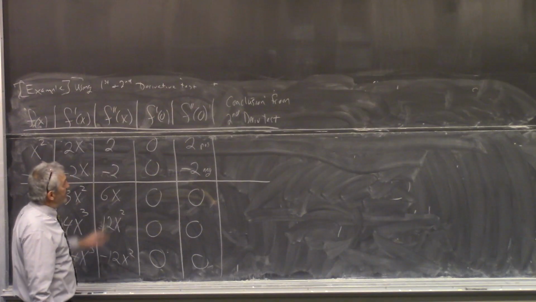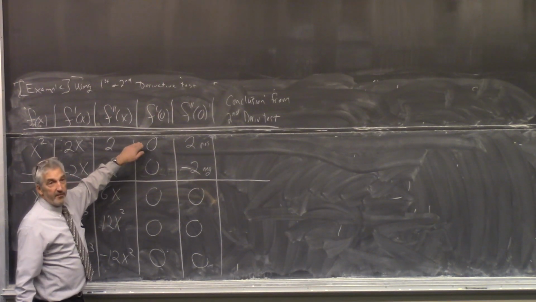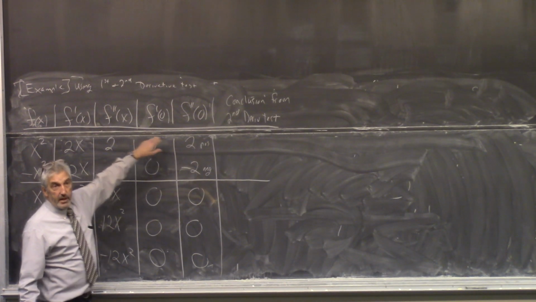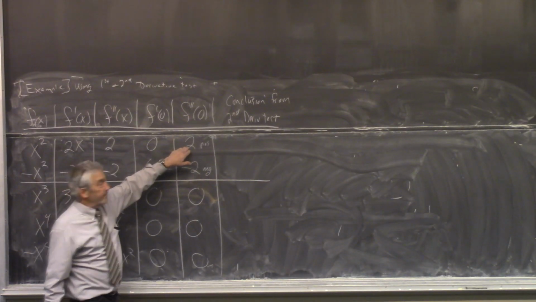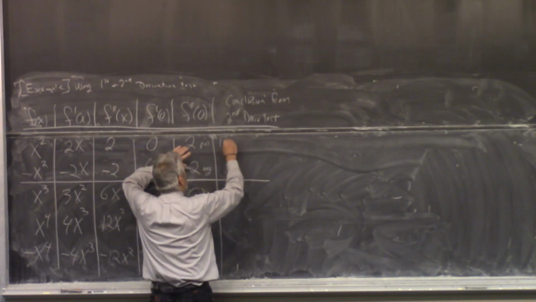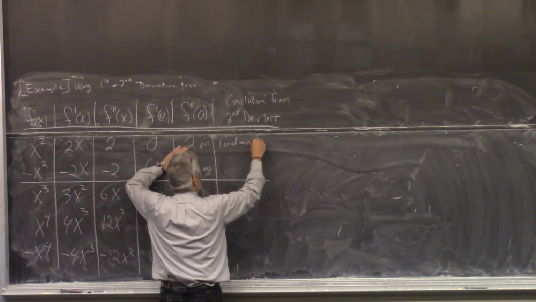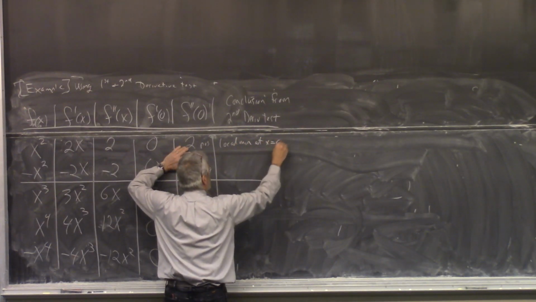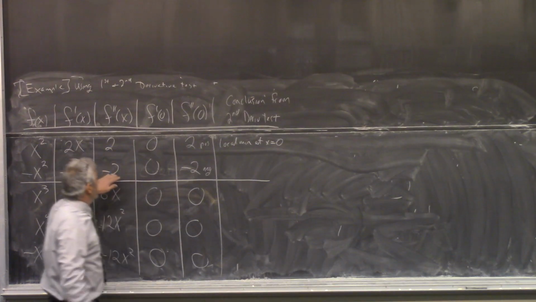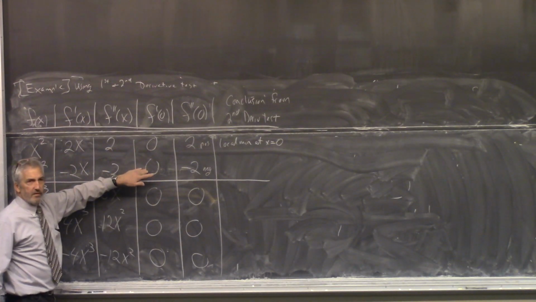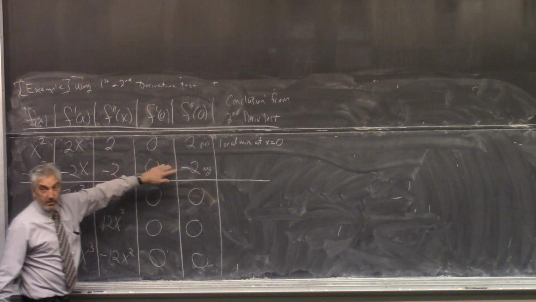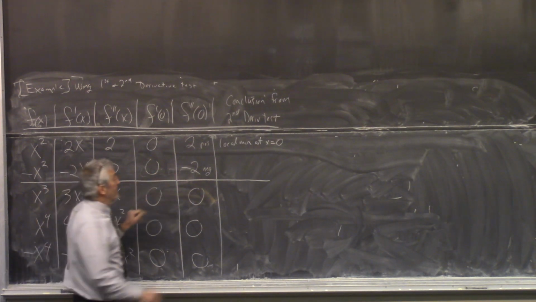So the second derivative test tells us since f prime at 0 is 0 and f double prime is positive, there's a local min at x equals 0. In this case, since the first derivative is 0 and the second derivative is negative, there's a local max.